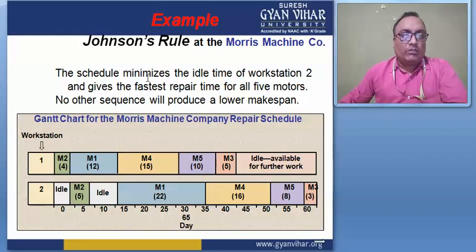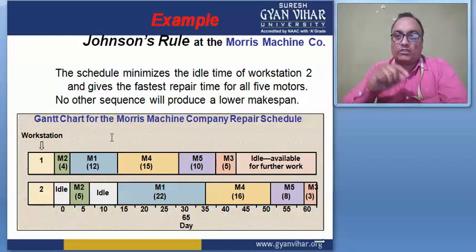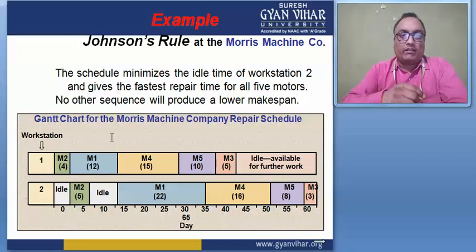The schedule minimizes the idle time of workstation 2 and gives the fastest repair time for all 5 motors, and no other sequence will produce a lower makespan. For this purpose we use a Gantt chart for the Morris Machine Company repair schedule.